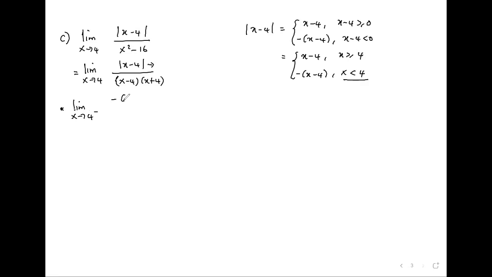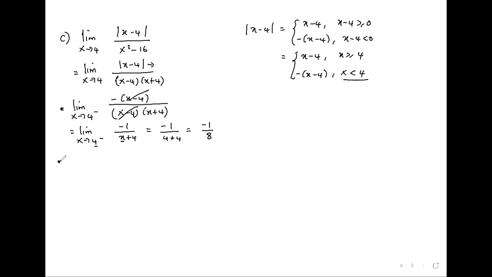So we pick minus x minus 4 over x minus 4, and then x plus 4, so that this piece and this piece can cancel. Then we'll have the limit as x goes to 4 from the left of minus 1 over x plus 4. Then substitute where there's x here, we put 4. We get negative 1 over 4 plus 4, which is negative 1 over 8.